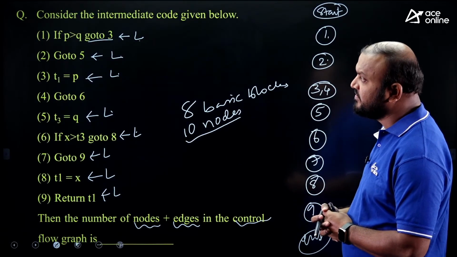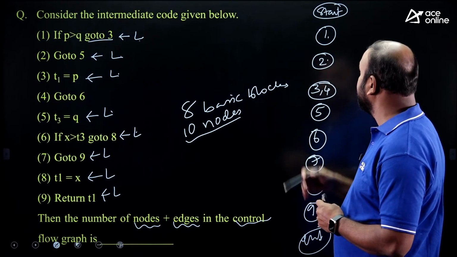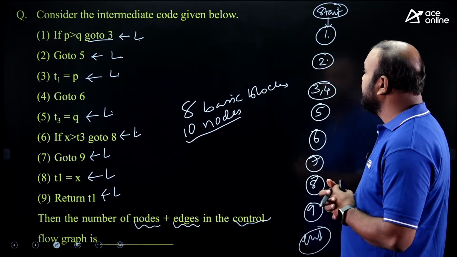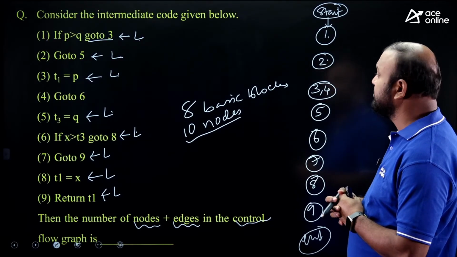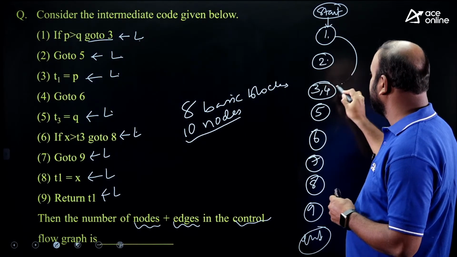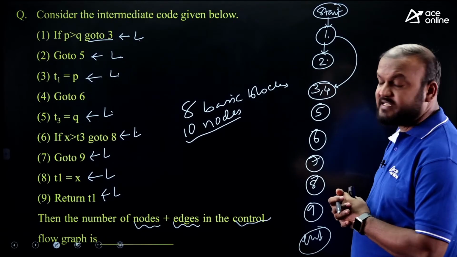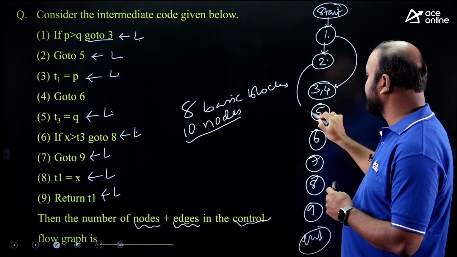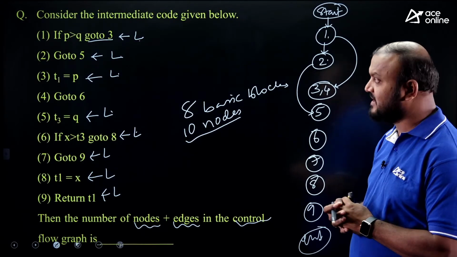And understand the control flow. If P greater than Q, a conditional statement. If it is true, go to the third statement. If it is false, execute the second statement. The second statement is go to 5, so it directly makes a jump. There is no true or false, only one control flow path is possible because it is an unconditional jump.